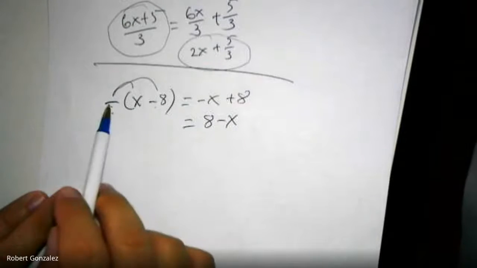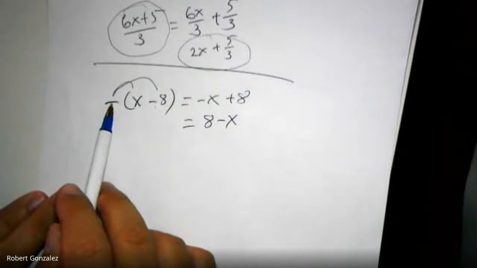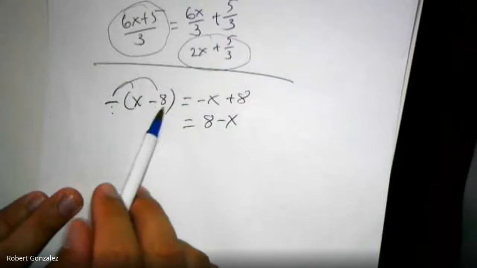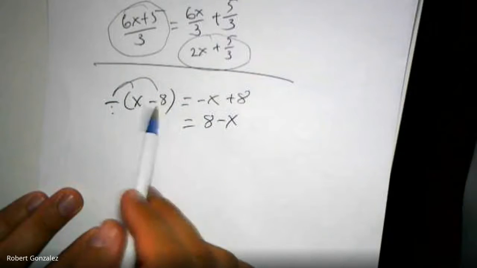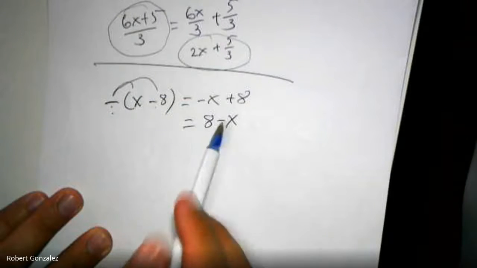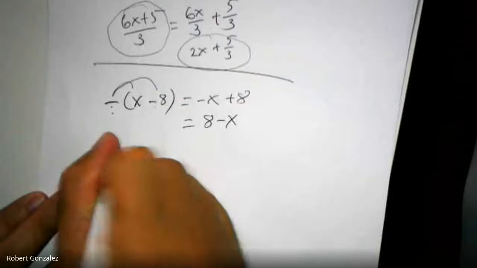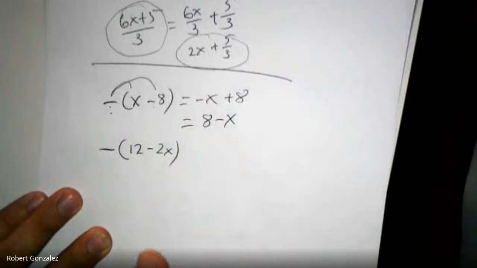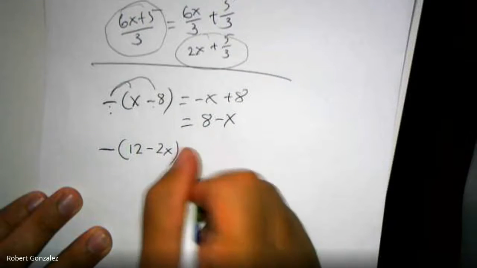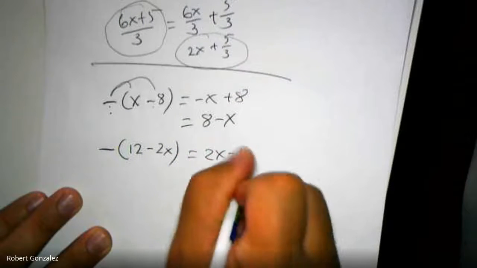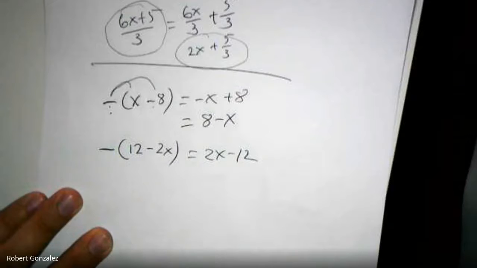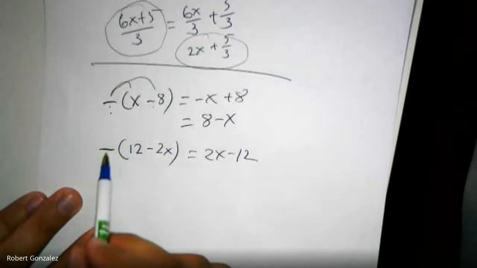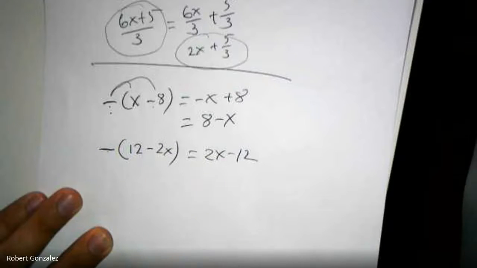So when I have a minus sign outside of a difference, all I do is flip them around and leave the minus sign. Let's do another example. 12 minus 2x. Well, that's 2x minus 12. Check it. -12, there it is. -2x, which is +2x. There it is.